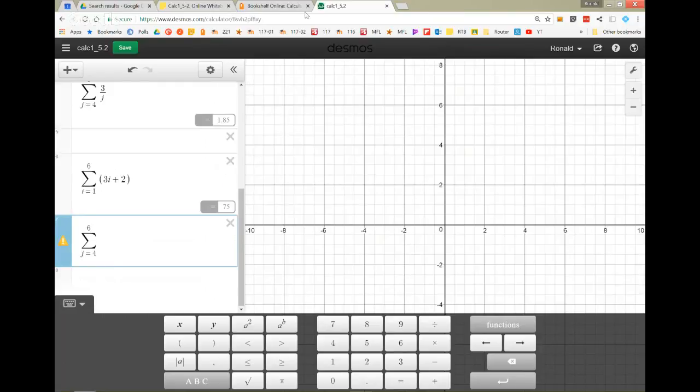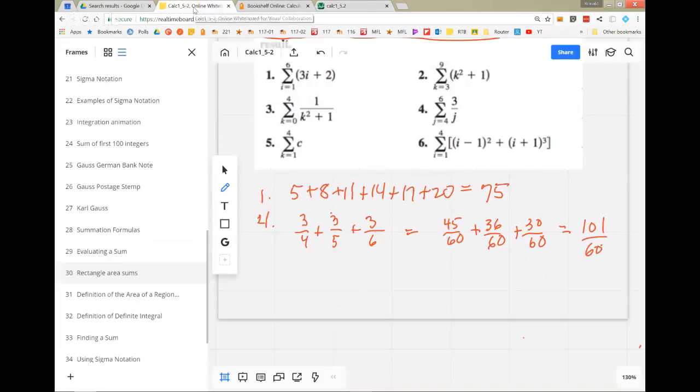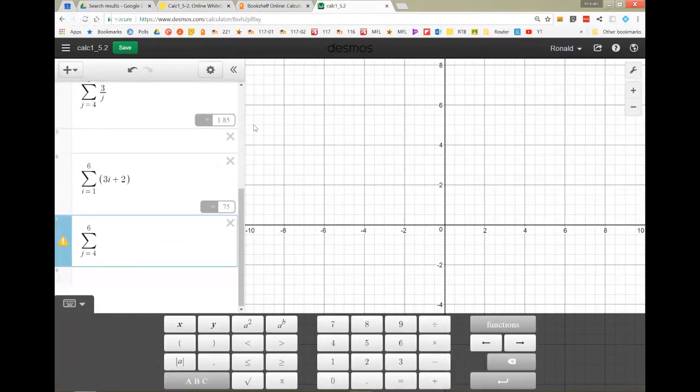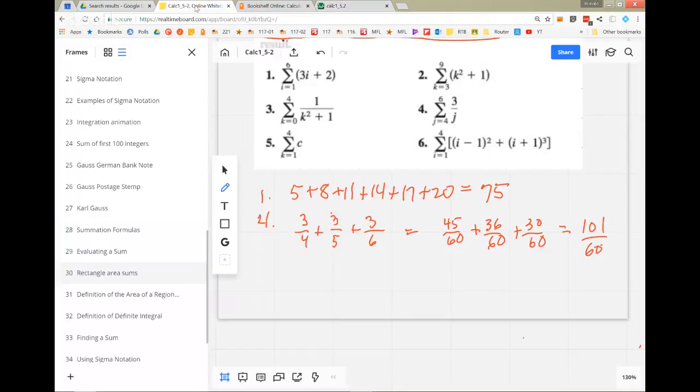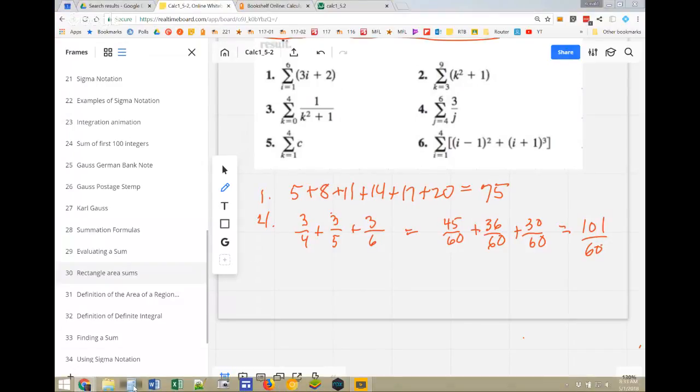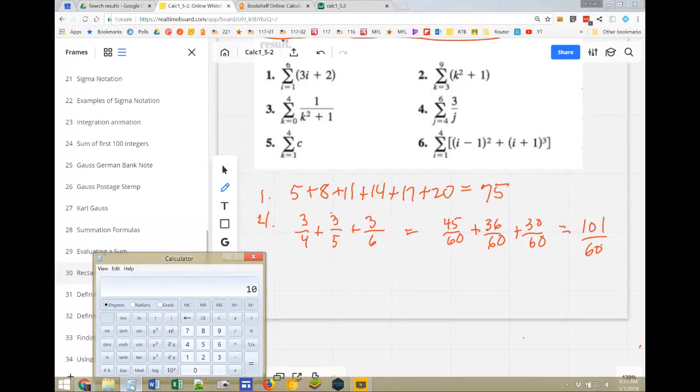And then for my expression, I need 3 over J. Okay, well, you get the decimal equivalent, 1.85. Let's check that. So if we go back here, 101 divided by 60.